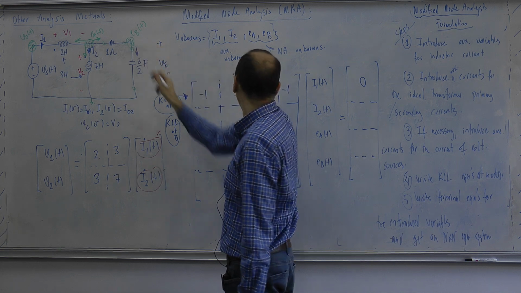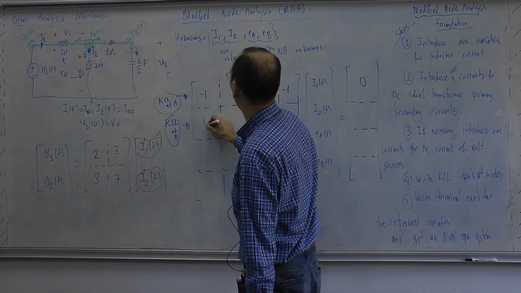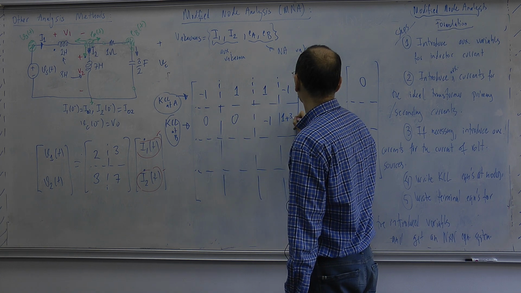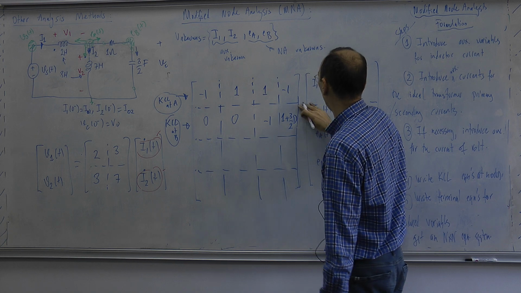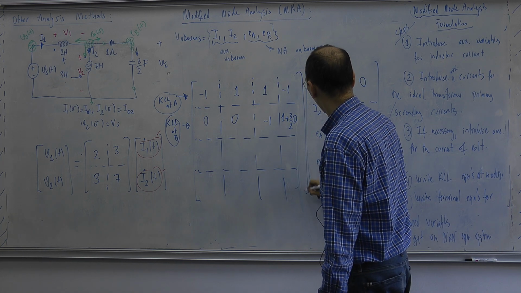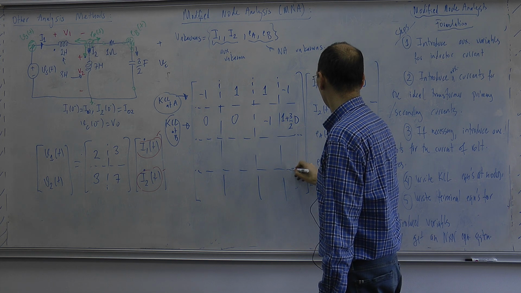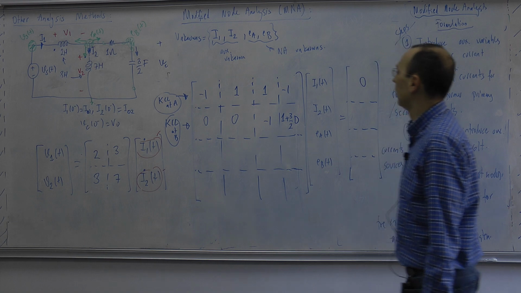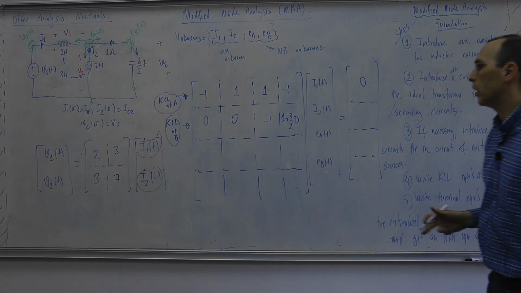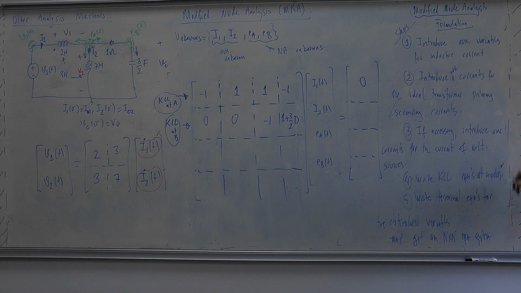But VC is EB, so 3 over 2, so this is not present, sorry, D. So let me make this bigger then. Okay. Is this correct? 3 over 2 EB. Okay, second equation is done. But it says we are done with KCLs.